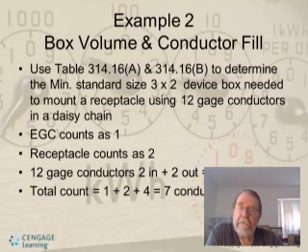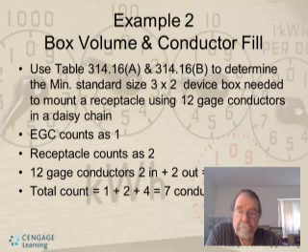The EGC counts as 1, receptacles count as 2, the 12 gauge conductors 2 in plus 2 out, you got 2 in and 2 out, which gives you 4 conductors.